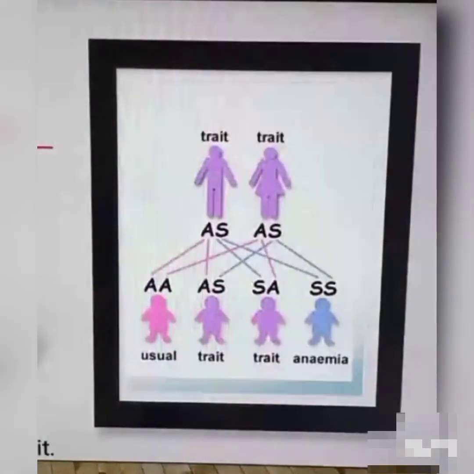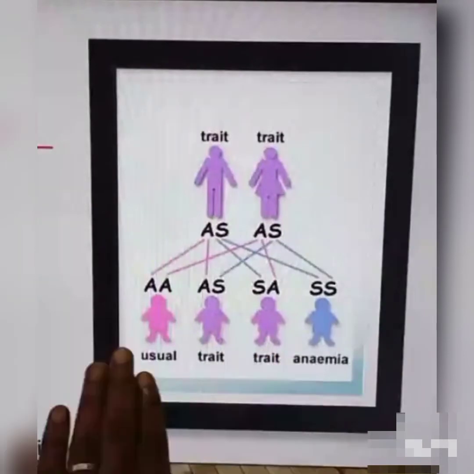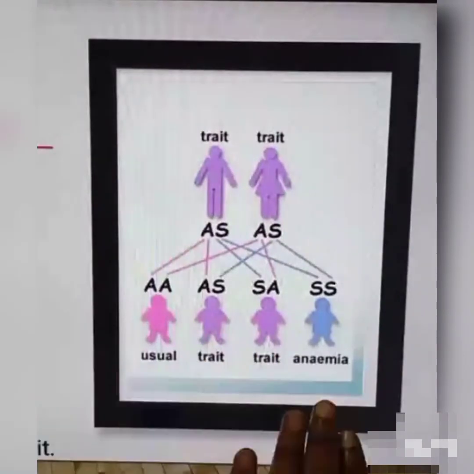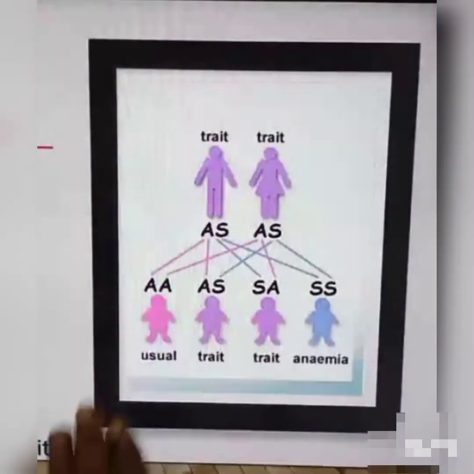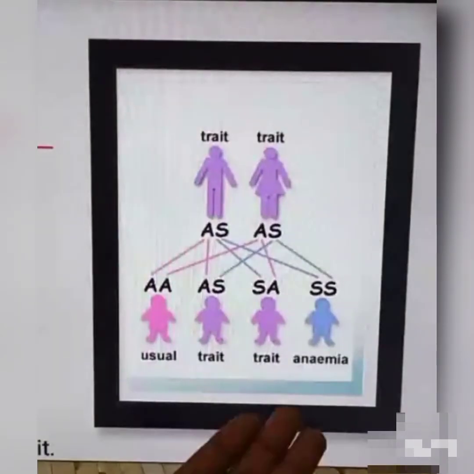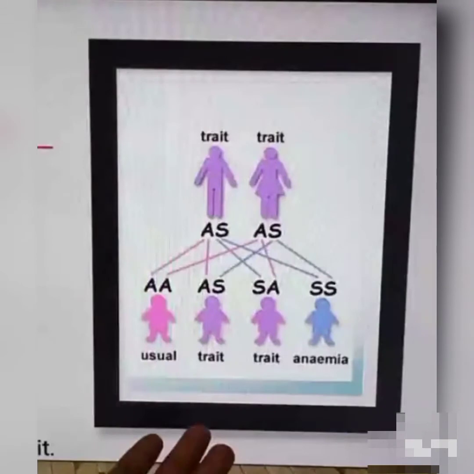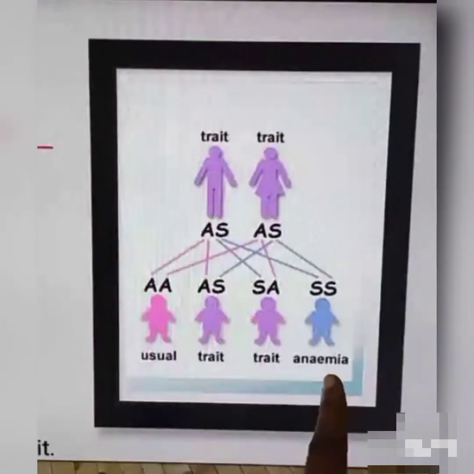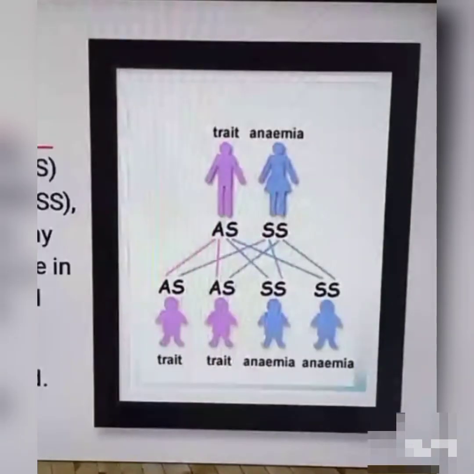The problem with this is that at any point in time, you don't know which of the children will have AS or SS. So if we say, doctor has told us that anyone can also have AA, and we are praying for AA, what happens if all the children come out with SS? It can happen that all these children are SS. It can happen that all these children are AA. But do you want to take the chance with your children's future? Let's move on to the next scenario.